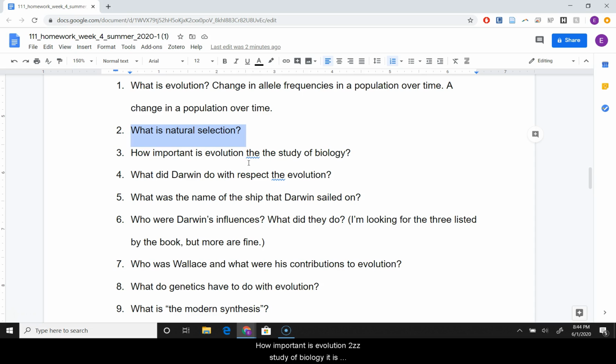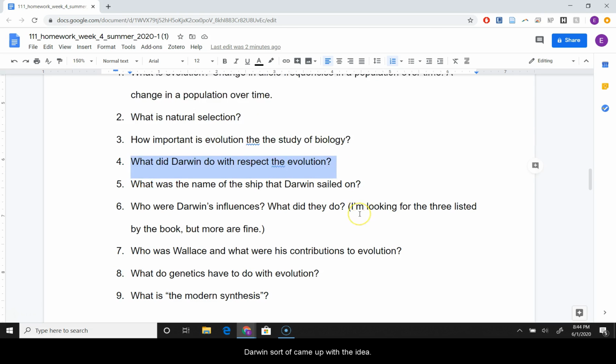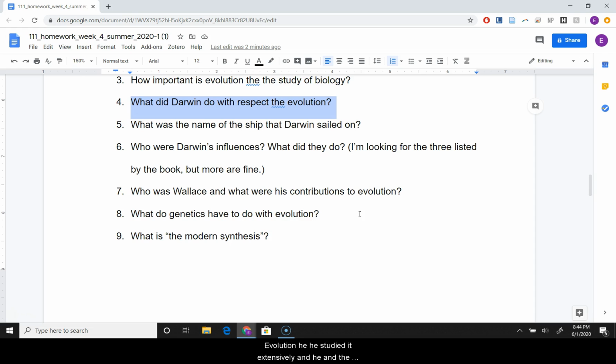How important is evolution to the study of biology? It is incredibly important. It is sort of the central theme. Nothing makes sense except in the light of evolution. Darwin sort of came up with the idea of evolution.